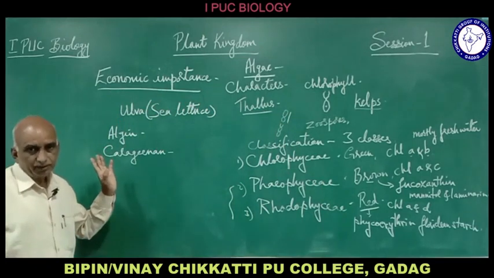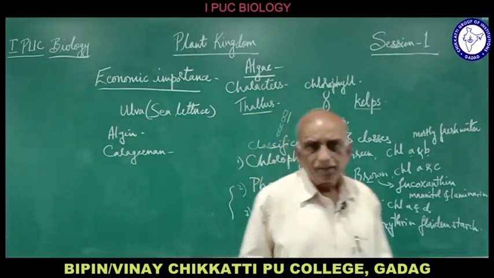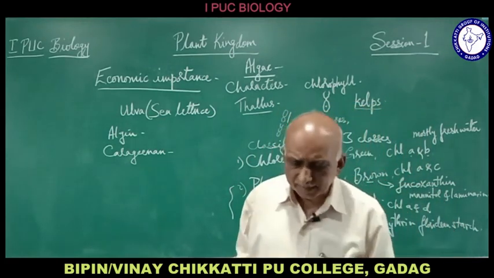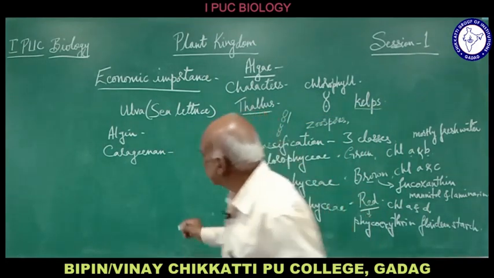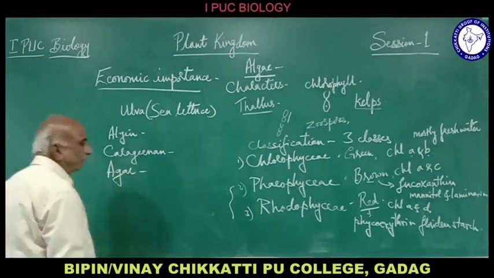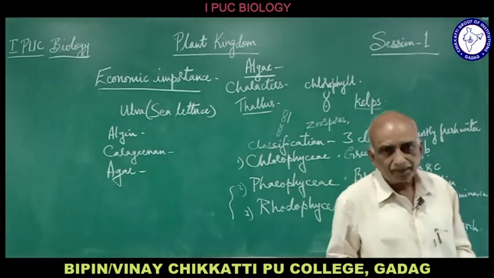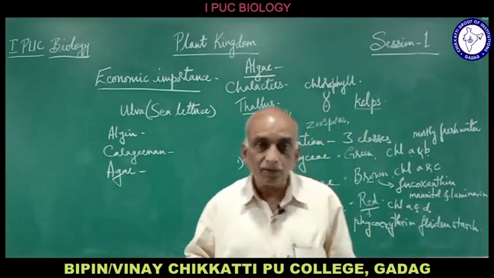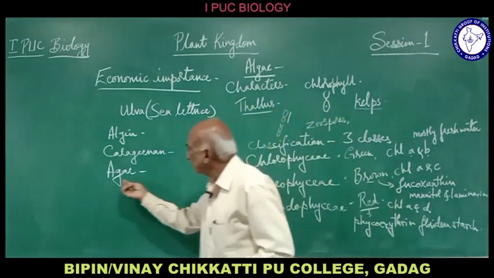Then, in case of certain algae, agar is obtained, which is used in canning of fish, meaning preservation of the fish so that it is not spoilt for a long time. That is one use of algae.